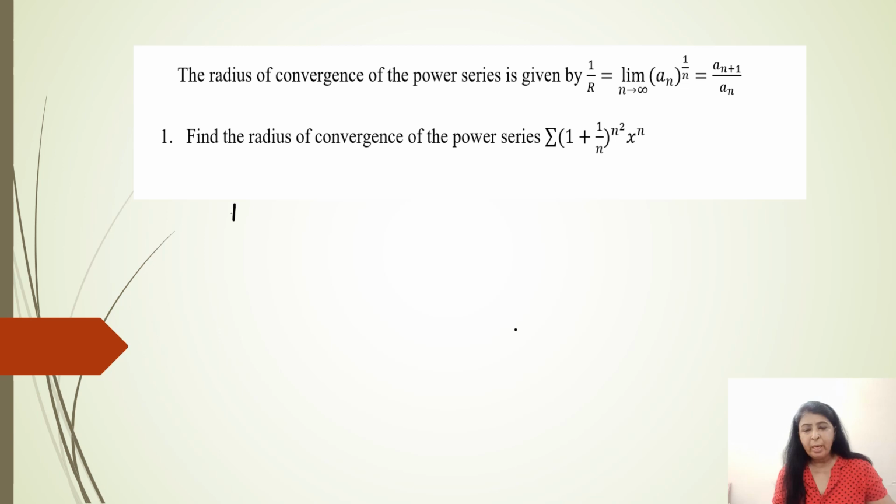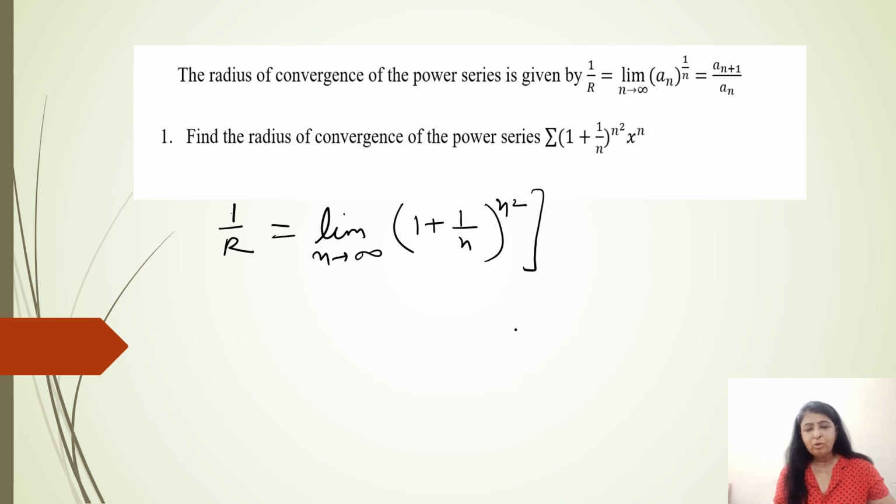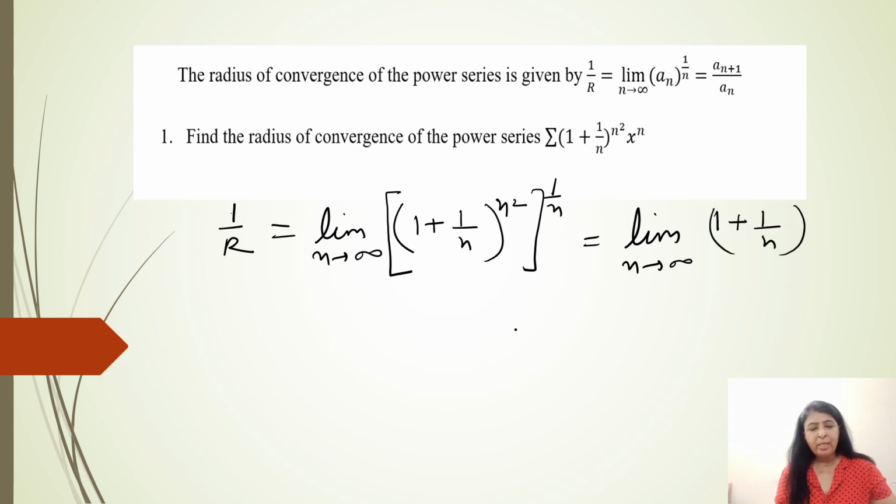So 1 by r is equal to limit n approaches to infinity a n raised to power 1 by n. Our a n is (1 plus 1 by n) whole square, whole raised to power 1 by n, or this is equal to limit n approaches to infinity (1 plus 1 by n) whole raised to power n.